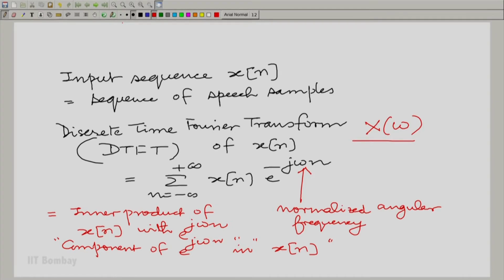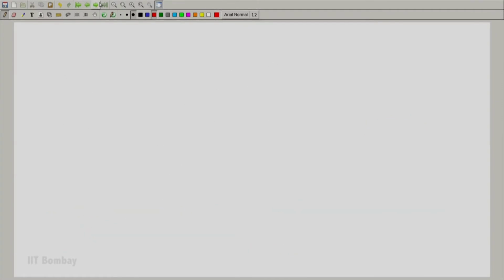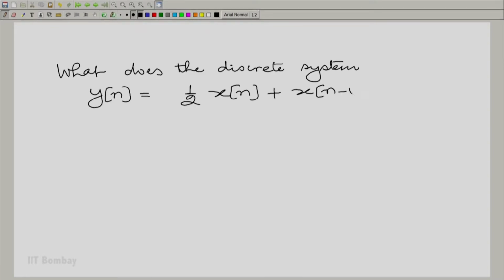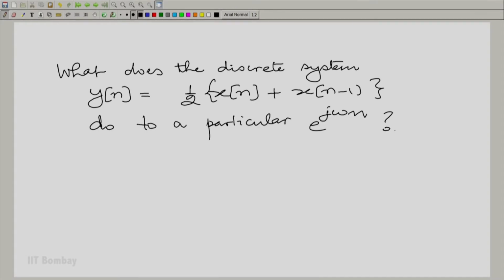So, now we can ask the question in a slightly different way. What does this discrete time system do to a particular one of these rotating complex sequences, e raised to the power j omega n, rotating with different normalized angular frequencies omega?